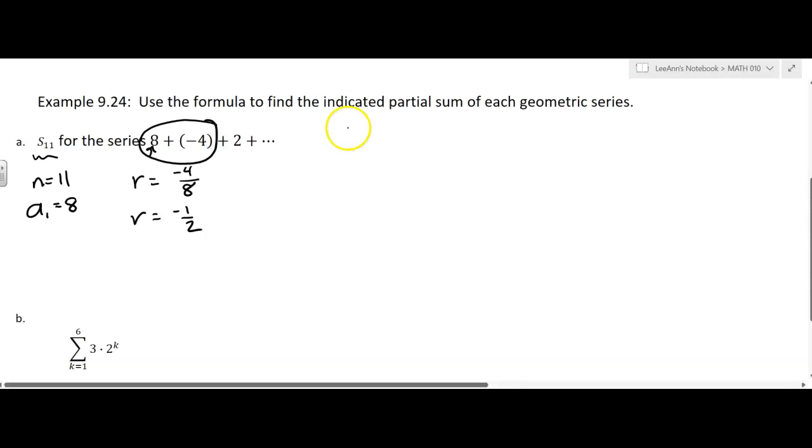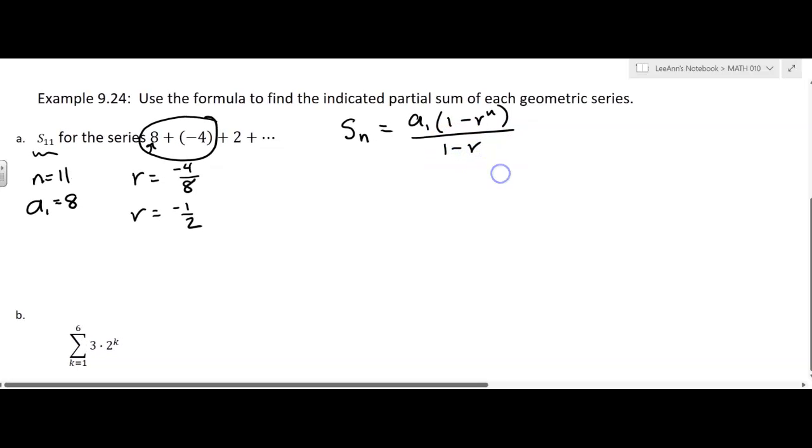All right, so now let's get that formula back. Okay, now we just put everything in. The nice thing about this one is you don't have to know the last term. So S sub 11 is going to be 8 times 1 minus, now what was our r?